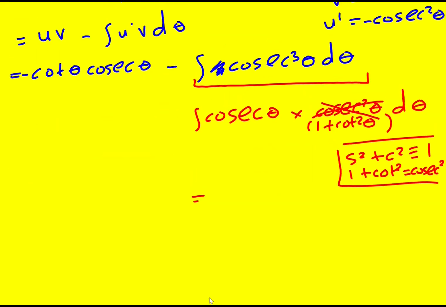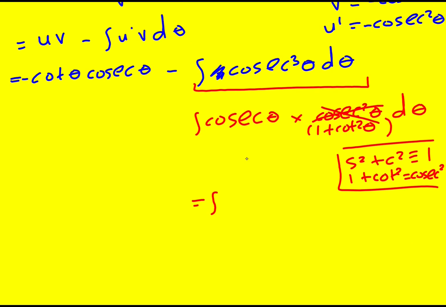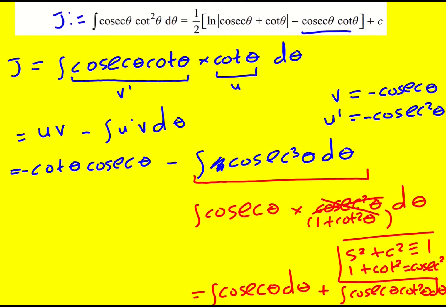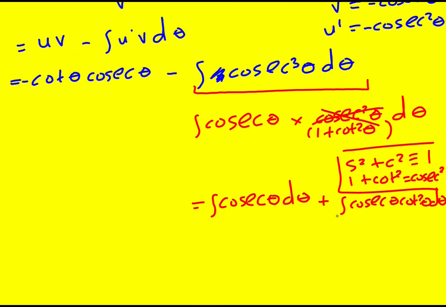And this is going to give the integral of cosec theta d theta plus the integral of cosec theta cot squared theta. Now let's just take a look back at the original J. Actually, it's the same thing.